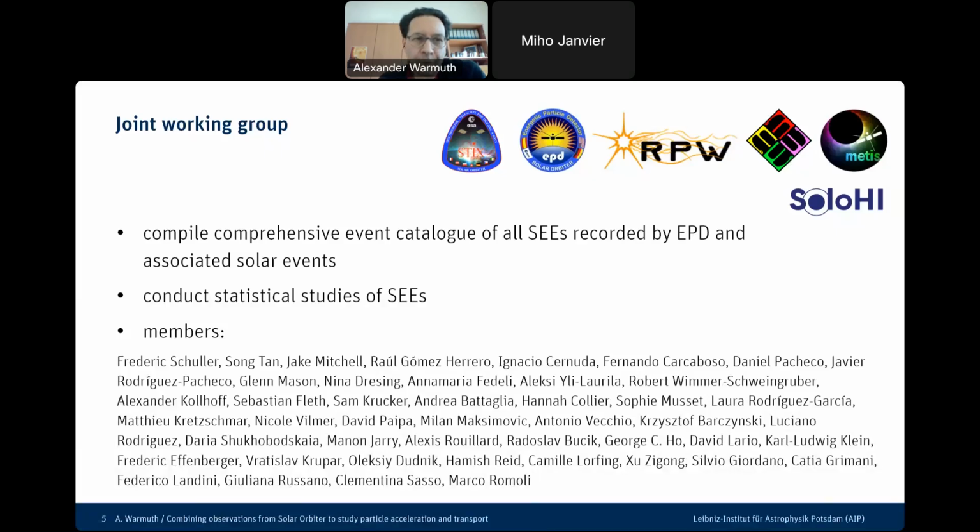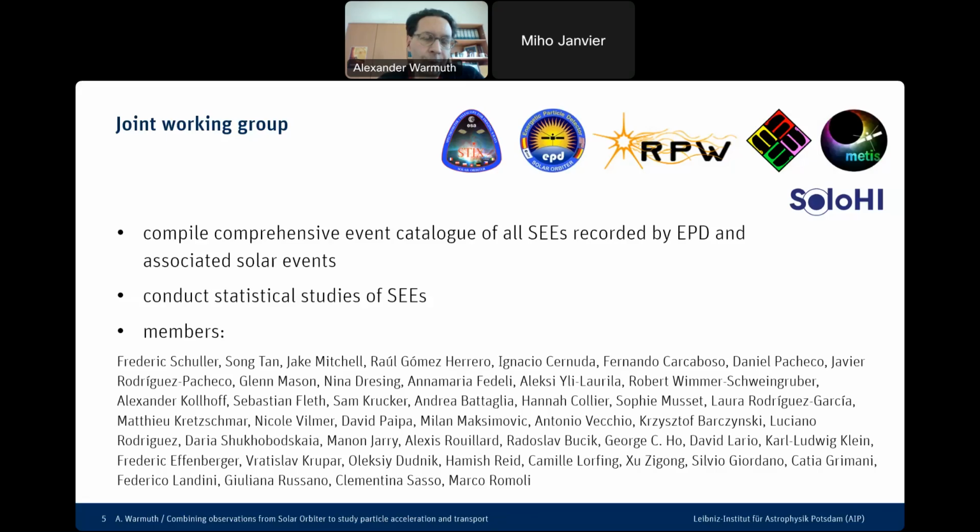To do this work, a joint working group was founded that started off as a STIX-EPD effort, but since it has grown and now includes also RPW, EUI, METIS, and SoloHI. And our goal is to compile a comprehensive event catalog of all solar energetic electron events that were recorded by EPD, and also the associated or potentially associated solar events.